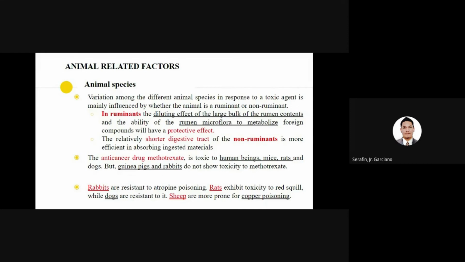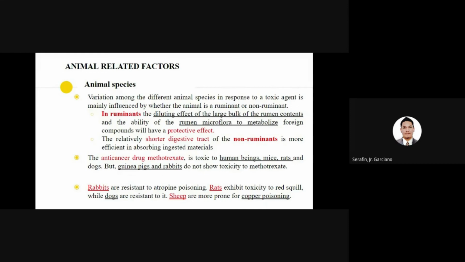Actually, the red squill plant, mainly the bulb, contains a poisonous substance, scilliroside, which is a highly toxic bufadienolide glycoside. The adverse effect of this poison is on the cardiovascular system and CNS, causing acute convulsions and death.